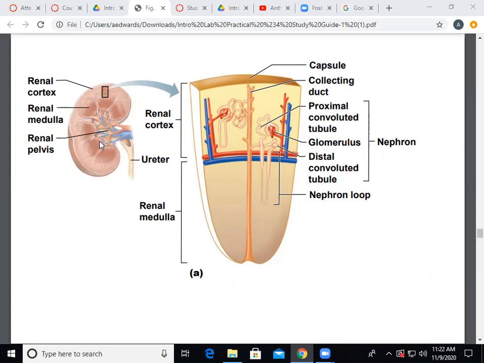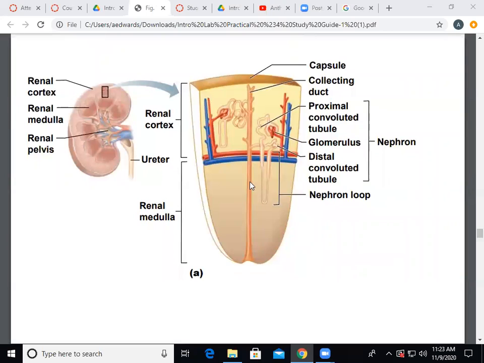Okay, darker layer, it's the medulla. And again, this area where the ureter feeds into the kidney. Okay, and you also have blood vessels going in there. That is the renal pelvis. We're going to look at that under higher magnification.